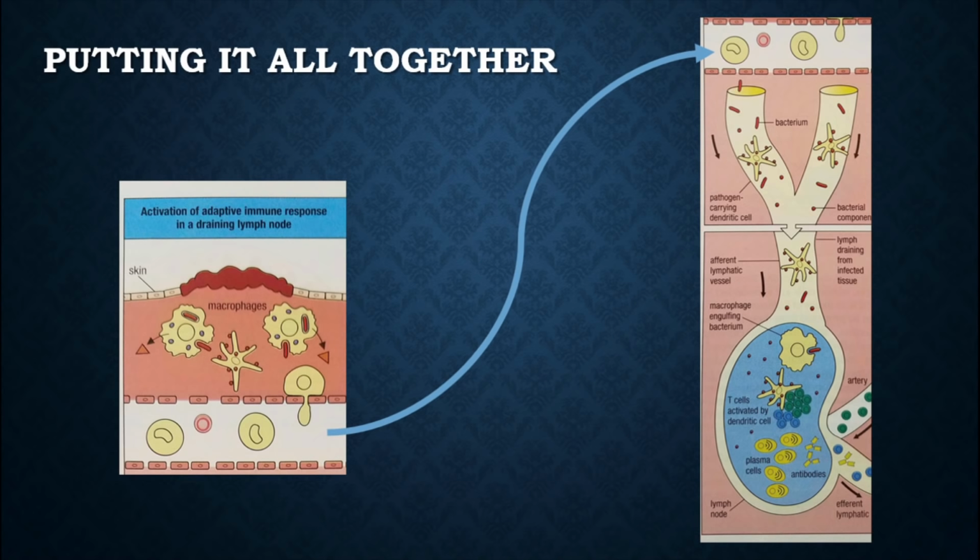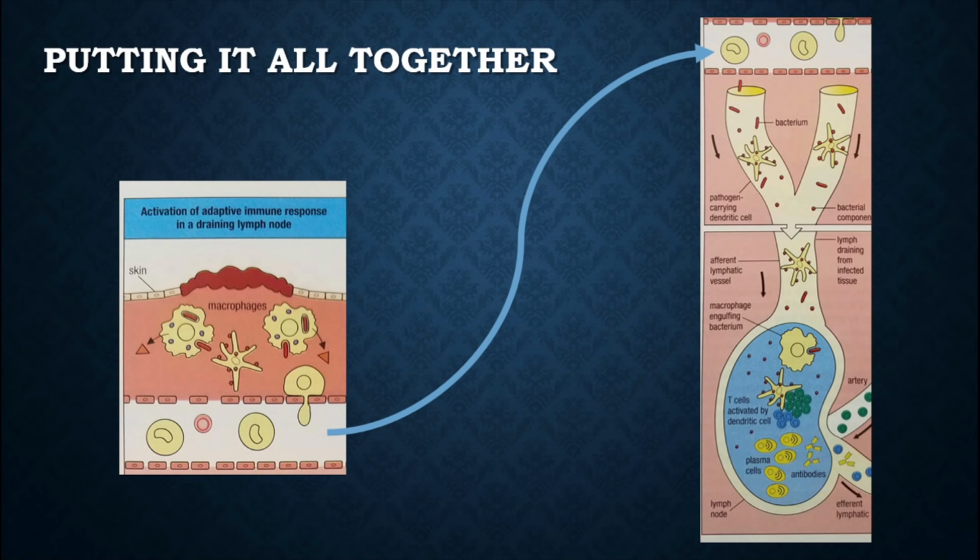So if we put it all together, a pathogen enters the skin. When it enters the skin, it's recognized by phagocytes and complement. Complement and phagocytes then lead to the inflammatory pathway, which recruits neutrophils to come in and try to phagocytose and get rid of the pathogen.